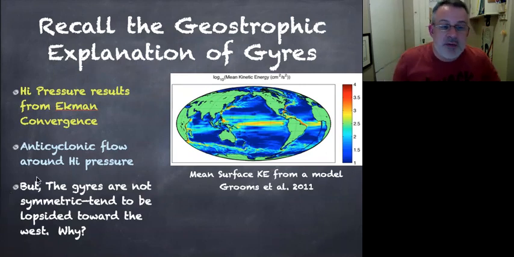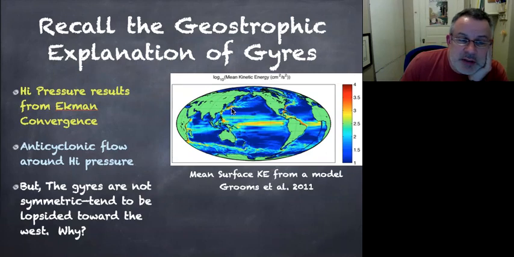But if you look in where those highs are, the velocity field, which is what's being mapped here, or actually it's the kinetic energy field, but essentially the magnitude of the velocity field is being plotted here. It's not symmetric. It doesn't go southward, equatorward, as fast as it goes northward in the North Pacific. Same with the North Atlantic.